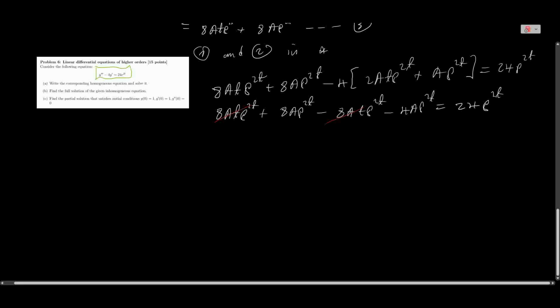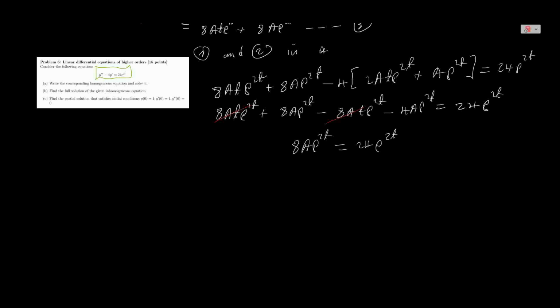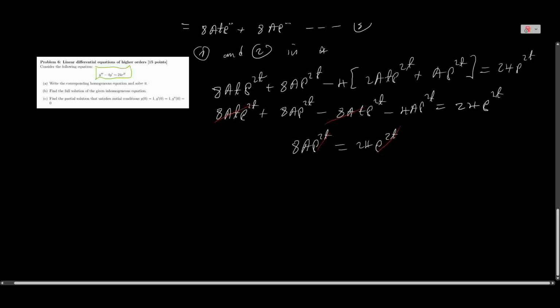So meaning that we are going to have 8a e raised to the power 2t equal to 24 e raised to the power 2t. So this is going to cancel, and we are left with 8a equals 24.